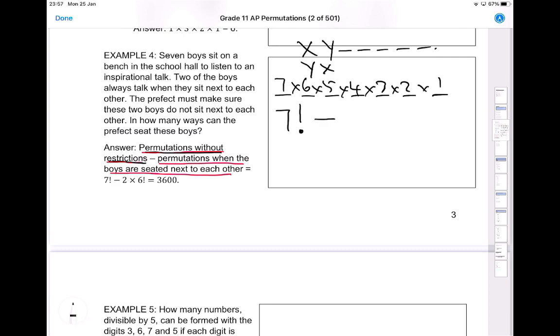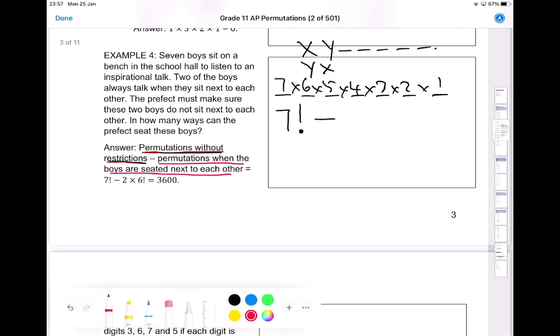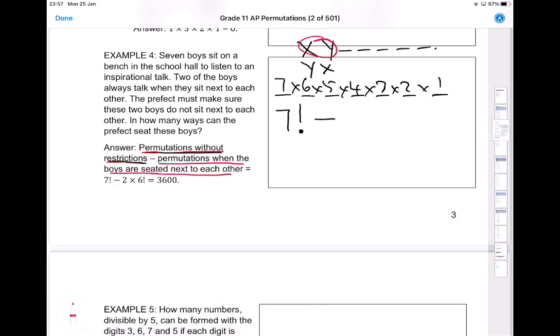Now we need to subtract from this the number of arrangements when these boys are actually sitting next to each other. Now this is what we mean. These boys here are sitting next to each other.